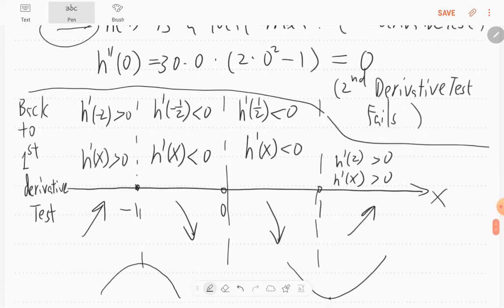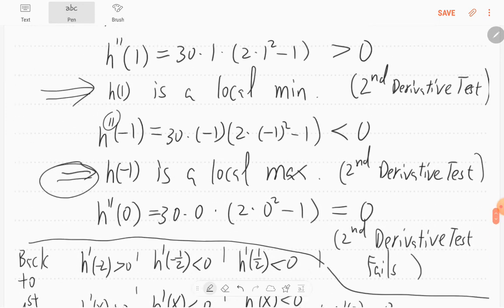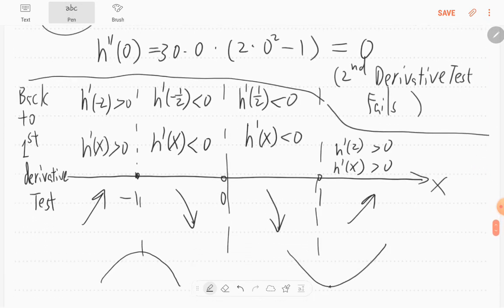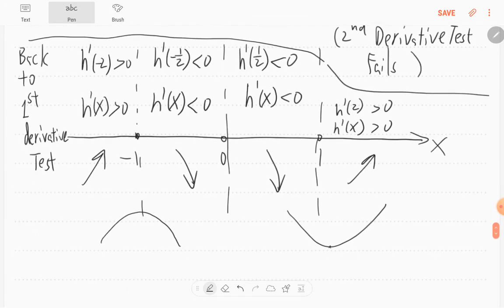But for 0, from the second derivative, we have no idea of the behavior of the function on both sides of 0, right? From the increasing or decreasing intervals, we know that on the left side it is decreasing, then goes through 0, it's decreasing again, so it's always decreasing through 0.